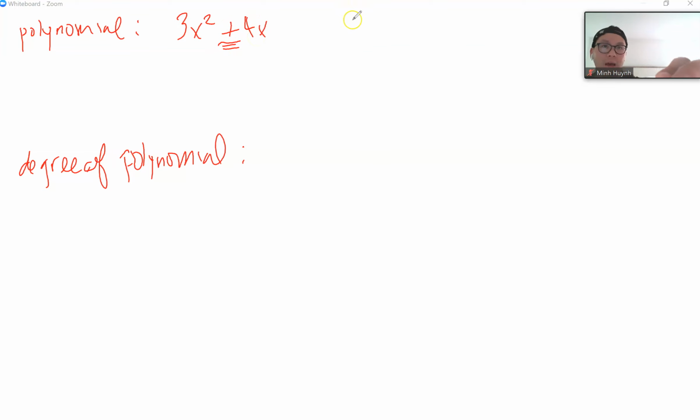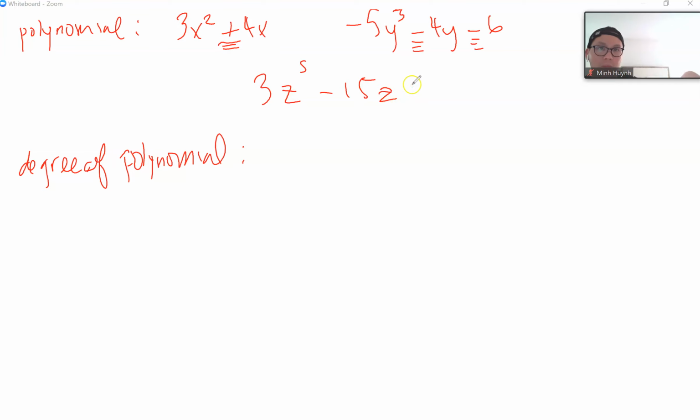Or I can have negative 5y to the third minus 4y minus 6, separated by minus signs. Or I can even say 3z to the fifth minus 15z plus 9. Those are examples of polynomials because they include adding and subtracting of one or more monomials.